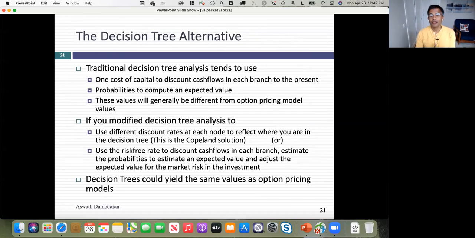In fact, if you ask me, you don't use them enough in finance, because if you do a decision tree right, what does that require? It requires that you not only estimate what the branches are and the probabilities, but you also adjust the discount rates for different points in the tree, reflecting the risk in each part of the tree. You will actually get a value exactly equal to an option pricing model value without ever using an option pricing model.